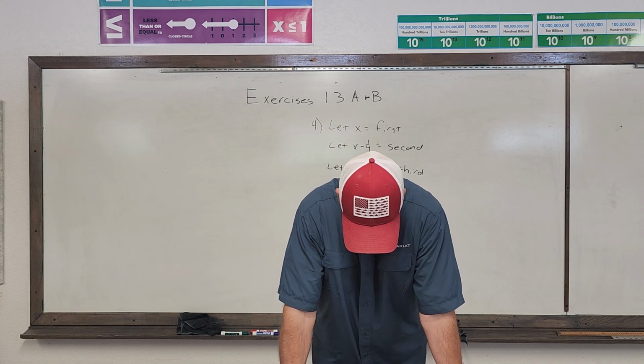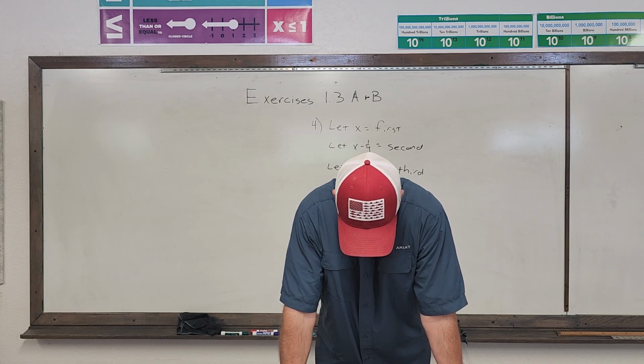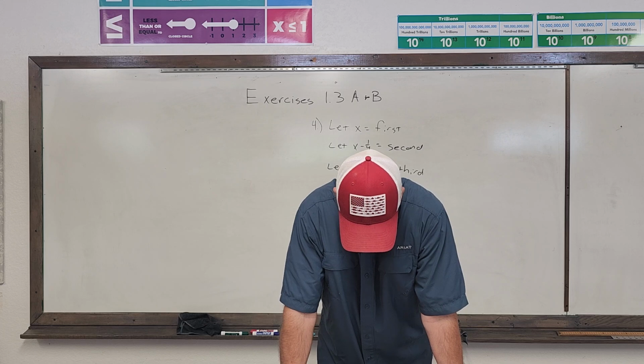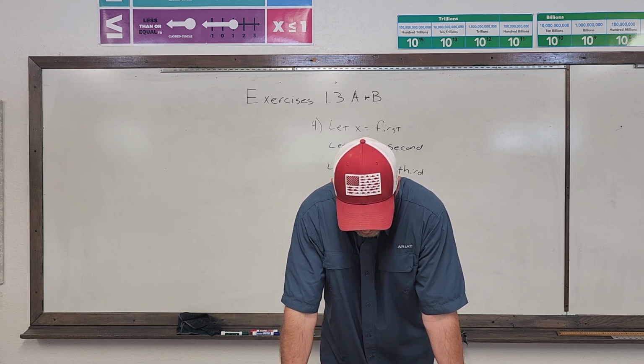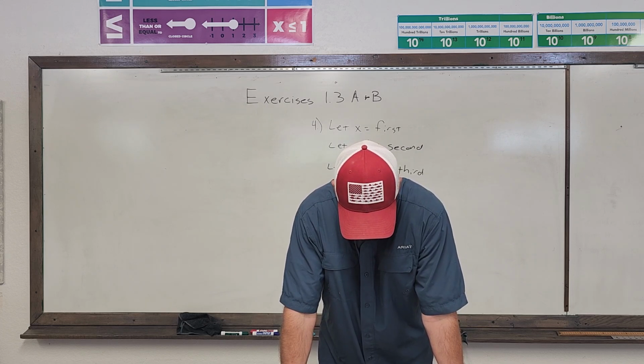Number 5. If we represent the length of a line by A, how may we represent the length of a line that is 3 inches longer?